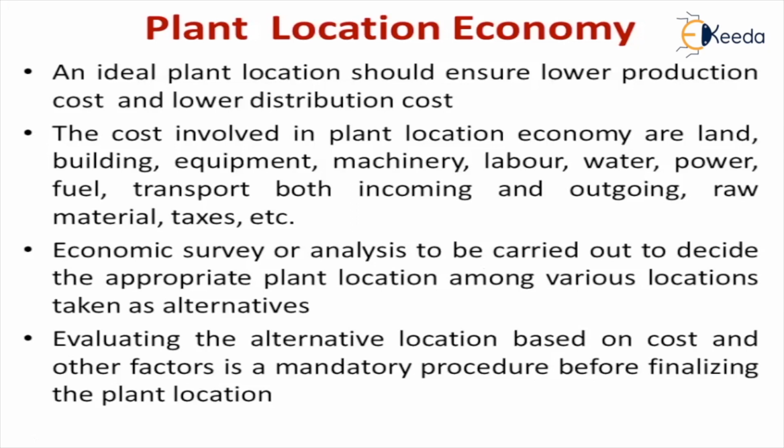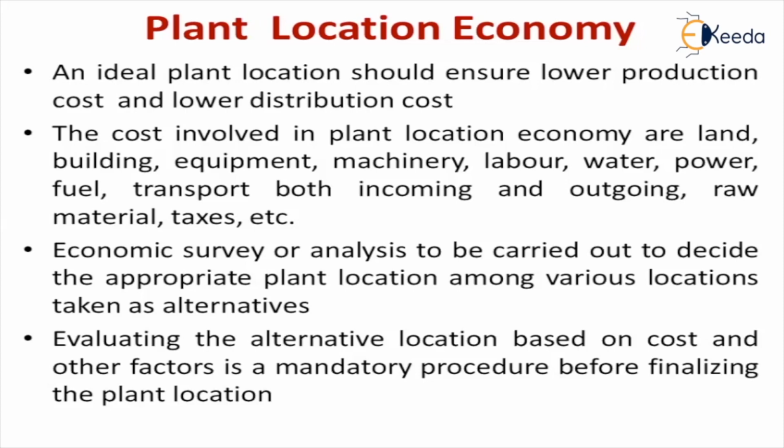So it can be both cost and privilege oriented. So we'll see what it is. So that is called the plant location economy. So an ideal plant location should ensure lower production cost and lower distribution cost.